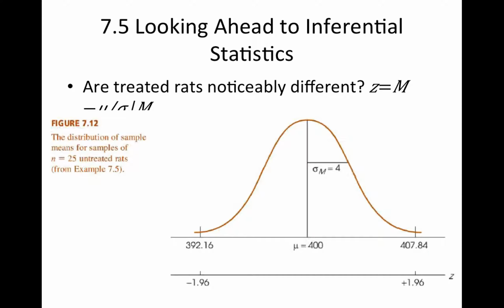Regardless of what healthy cholesterol levels are, we can think about if somebody has a cholesterol level of 400, and we did our experiment, we gave patients the drug that was supposed to lower cholesterol, and we want to see, did it actually lower their cholesterol?